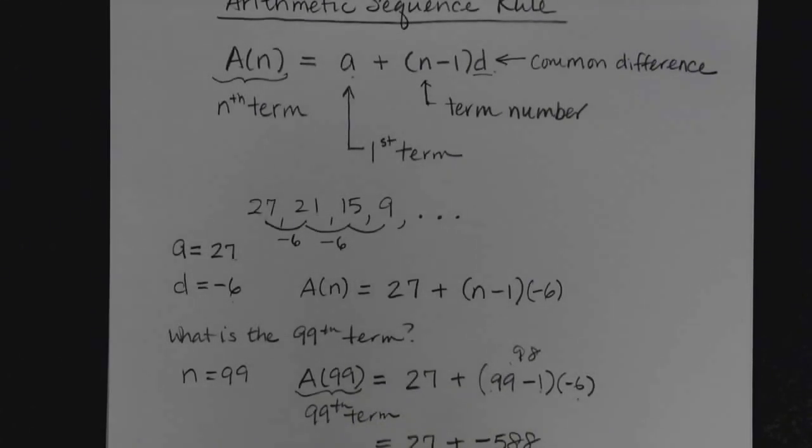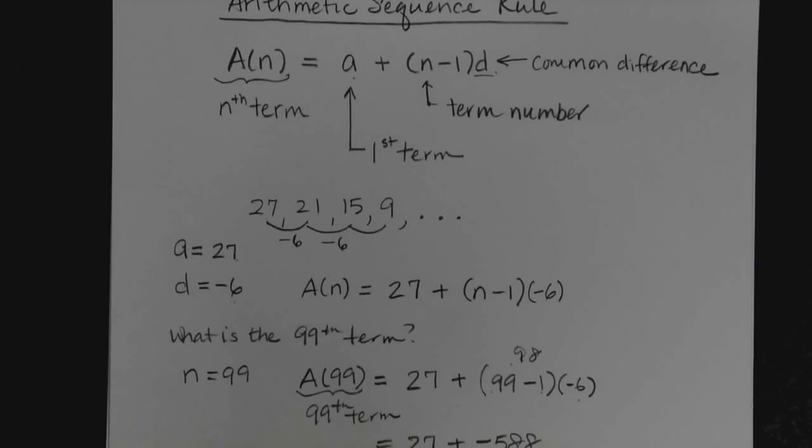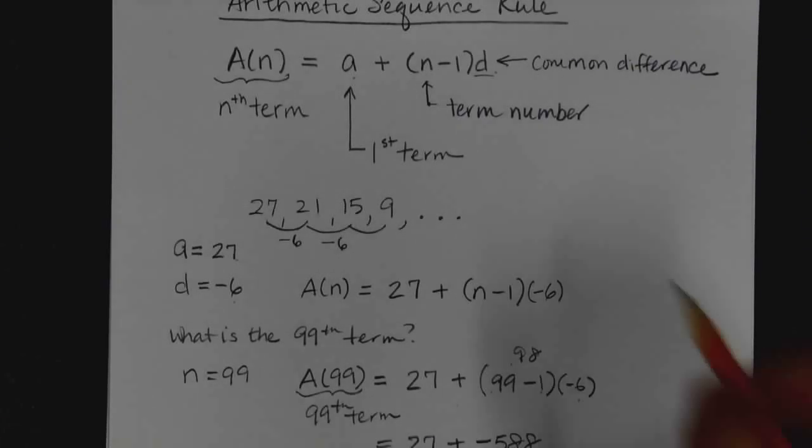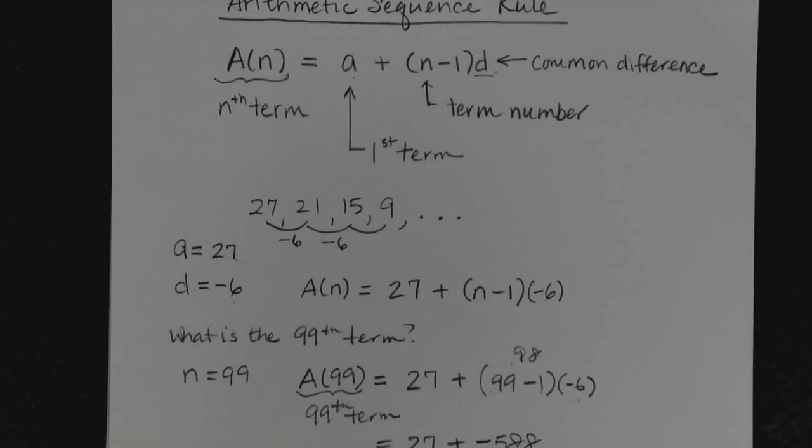And 27 plus negative 588 gives me negative 561. So the 99th term is negative 561 in this sequence. And that's what you need to do today.